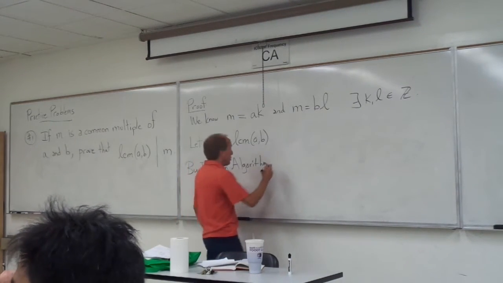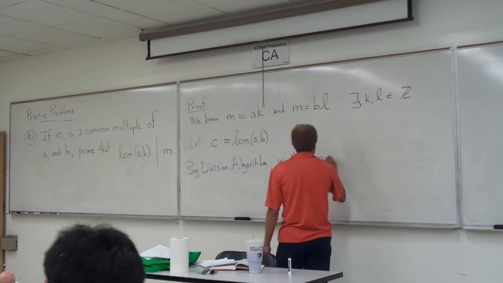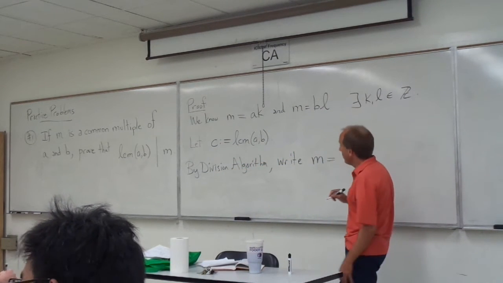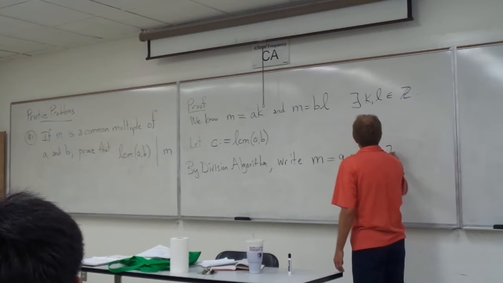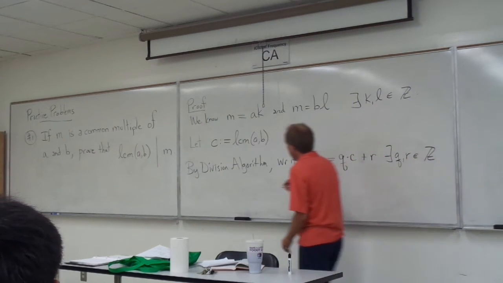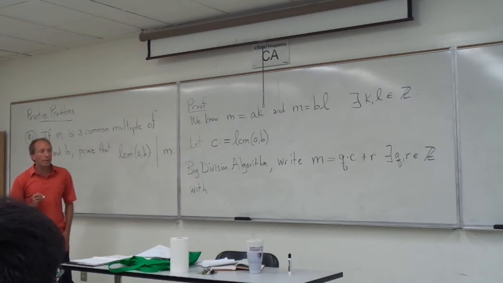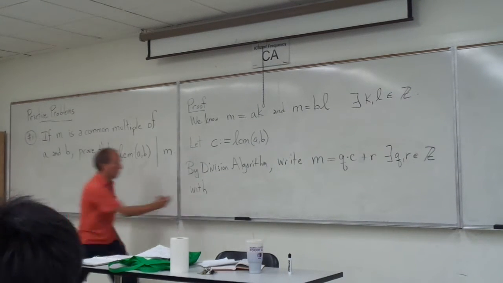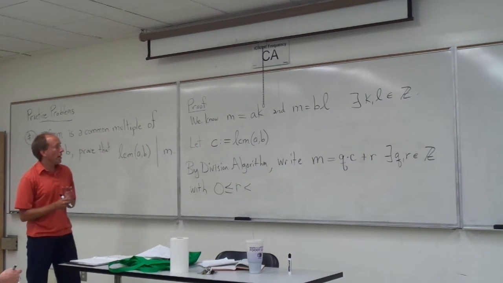the division algorithm allows me to write m as some multiple of c, so this would be q times c plus r for some integers q and r with, what's the condition that we need to state here? Right, 0 less than or equal to r less than whatever we divided by, which was c.